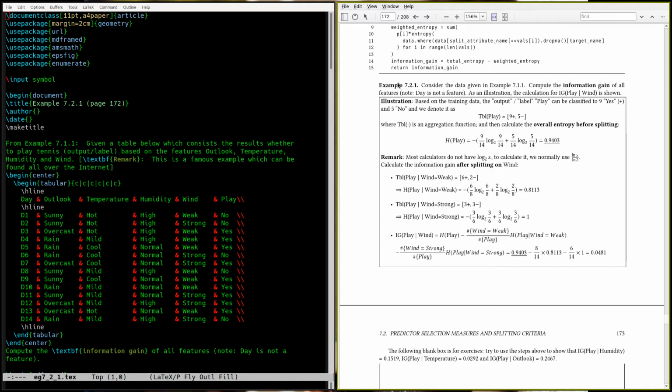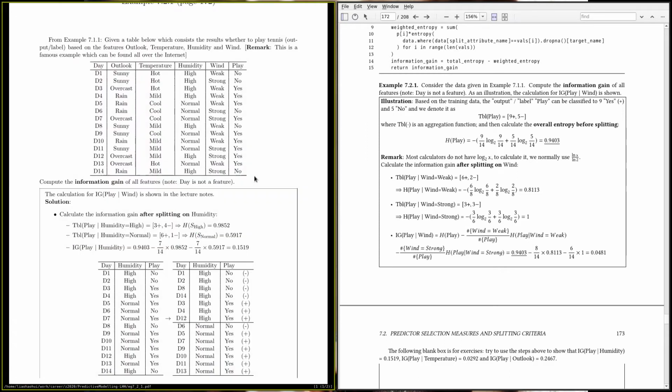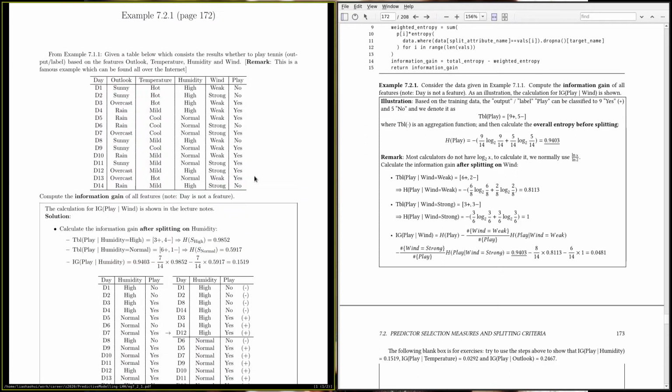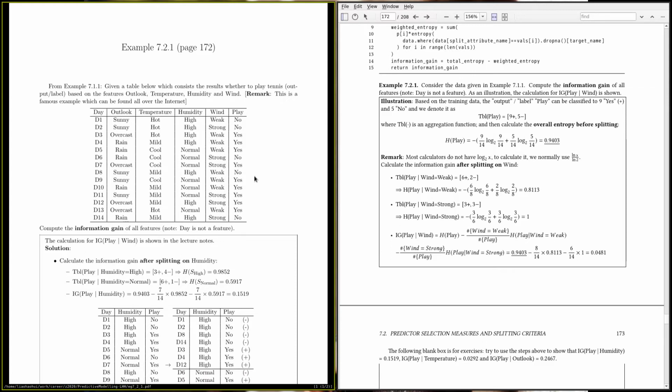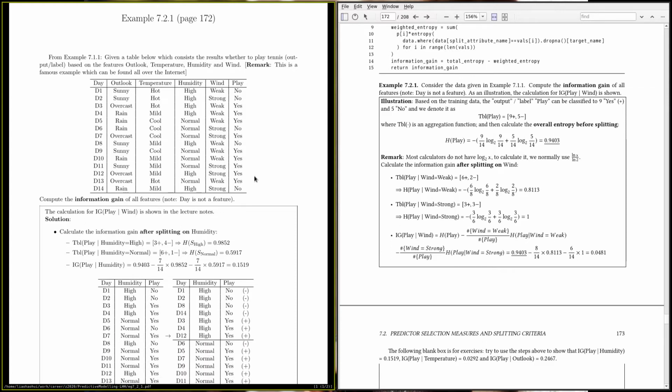Now we'll try to answer example 7.2.1. Actually, I have already given you an answer. Hopefully, you are able to work it out yourself, but I will try to show you the answer for this. I actually listed out the data here again.